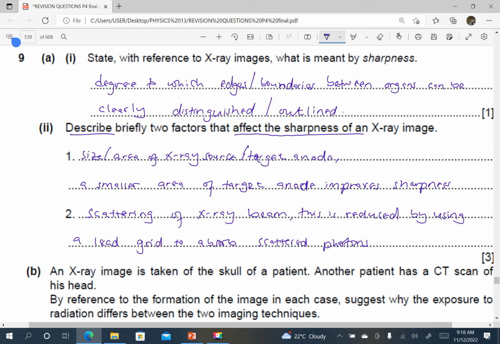So sharpness is also affected by scattering of the X-ray beam, but this can be reduced using a lead grid, which we call the anti-scatter screen.